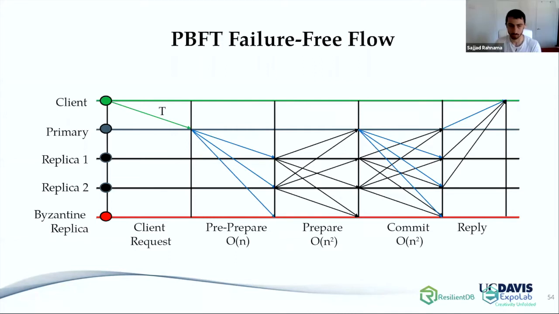It can send different messages to different people. It's kind of a faulty node. Okay, great. Thank you. It can have arbitrary behavior, random behavior. Yes. Any other questions here?